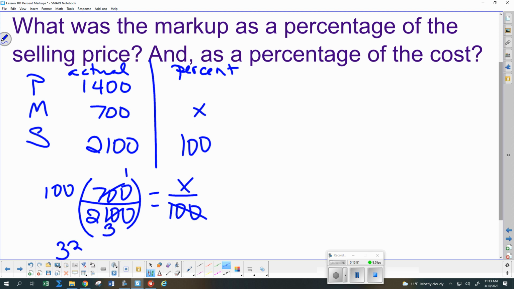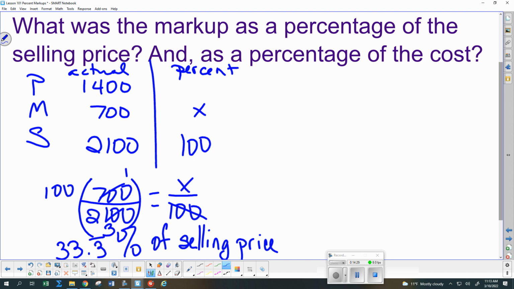So 33.33333. And that is my percent of the selling price. So I go in and I'm buying that, and I know that the dealer's profit is 33.333% of whatever I'm paying when I buy it. A third of what I pay goes to the dealer. The other 2/3 went to whoever the dealer or the store owner got it from. Does that make sense for that one?